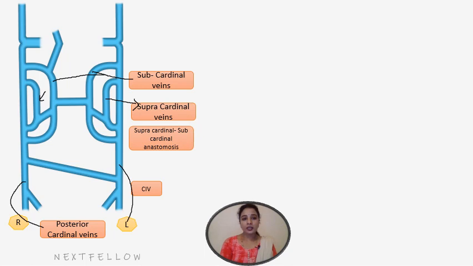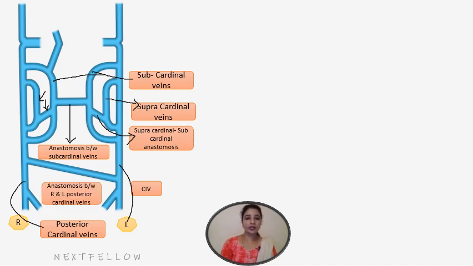Supracardinal and subcardinal anastomosis: we can see a communication between these two veins. Similarly, you can see it on the right side as well. We can also see the anastomosis between the right and left subcardinal veins, and the anastomosis between the right and left posterior cardinal veins.